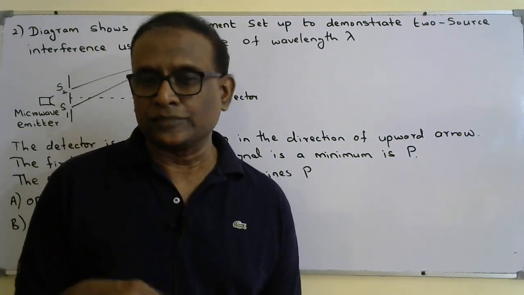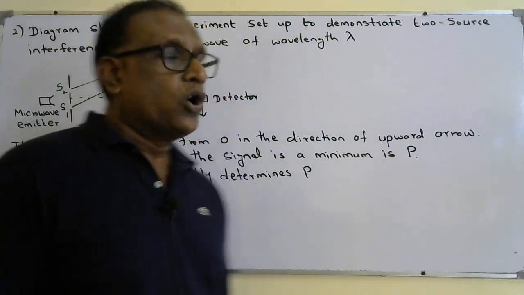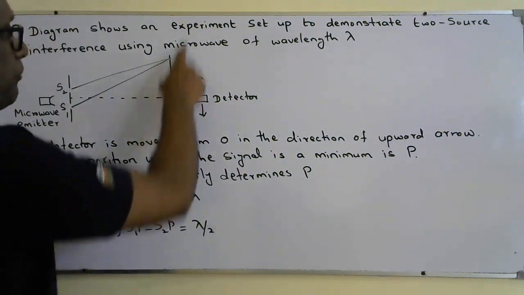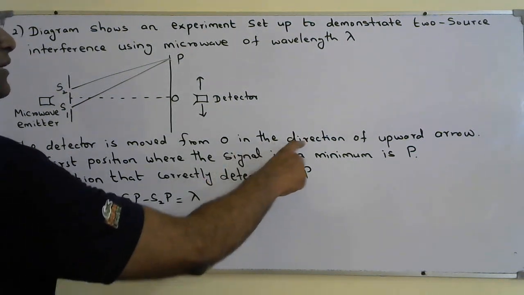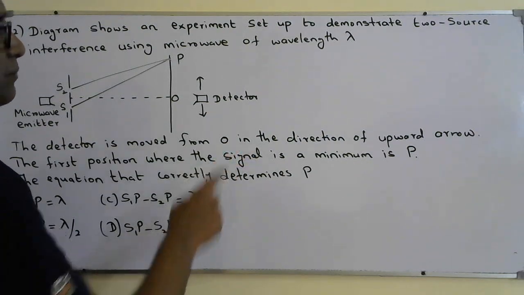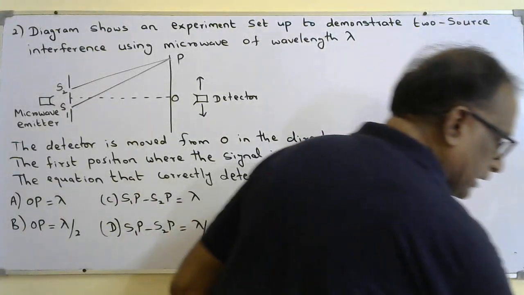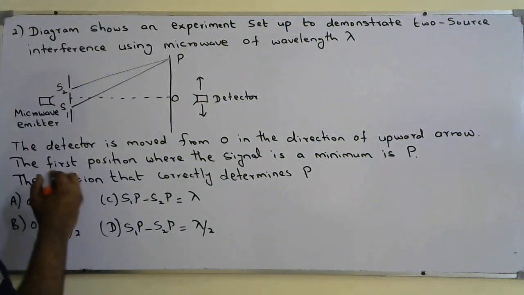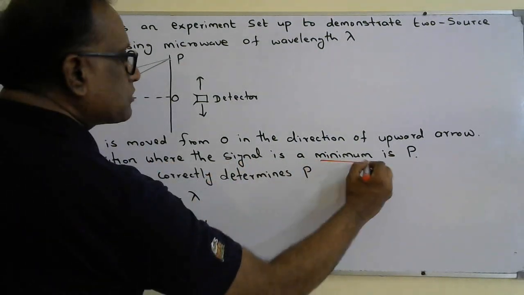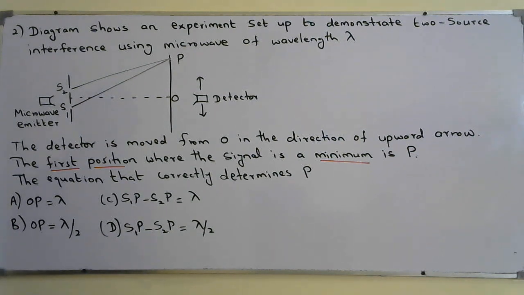If it is destructive superposition, it will show a minimum or zero. They can move the detector up or down, but in this question they are moving it from O in the upward direction. The first position where the signal is a minimum, the words they are using, means the first minimum. So P is the first minimum position.